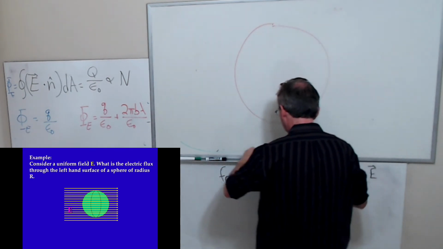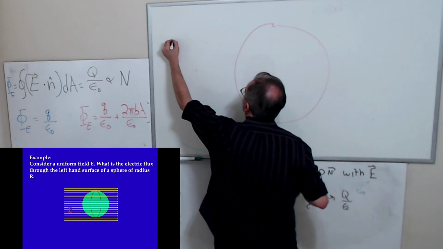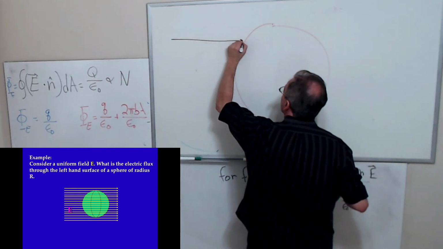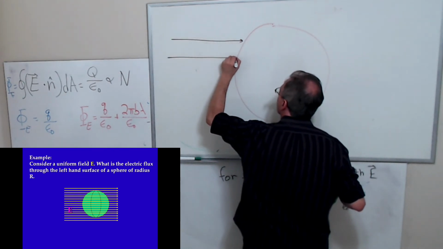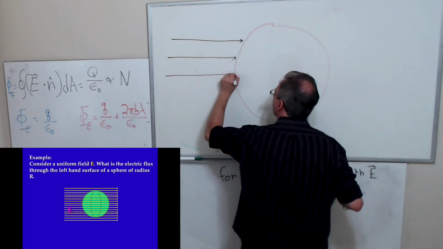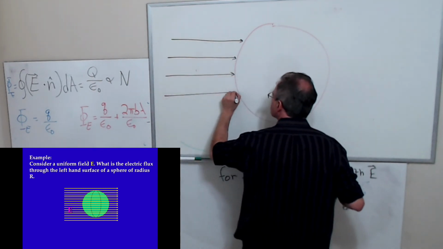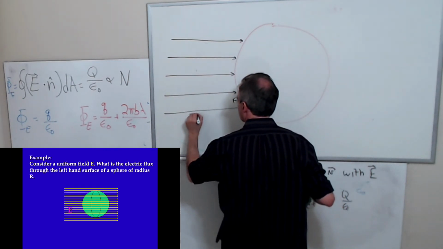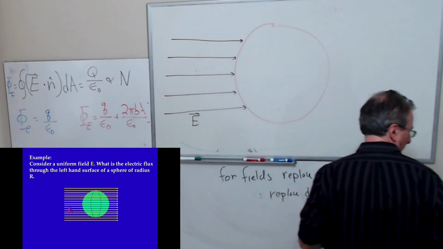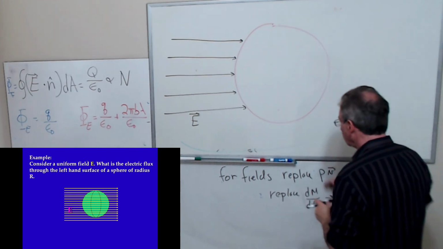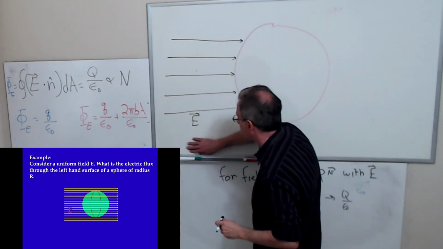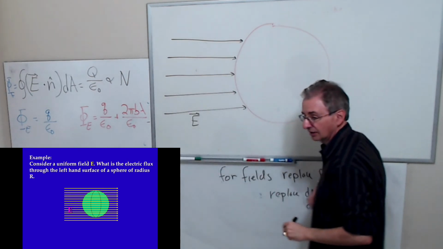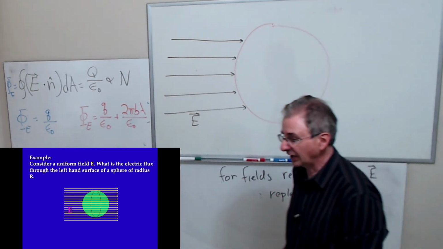And I have an electric field that is uniform, which means it has the same value everywhere. And I want to calculate the flux through the left-hand side of the sphere.